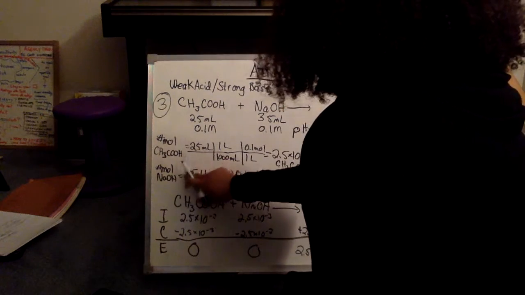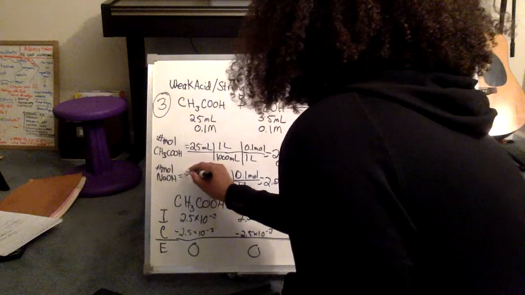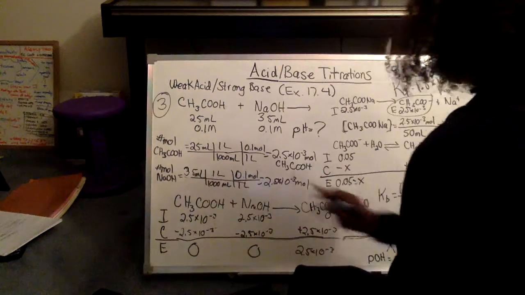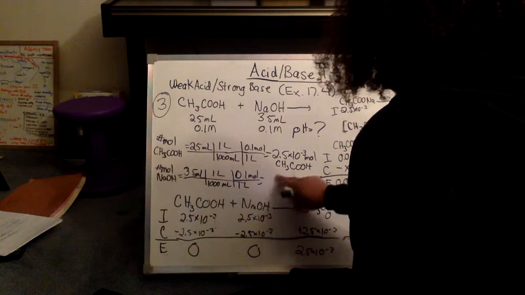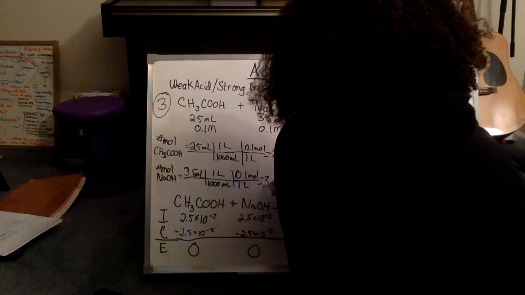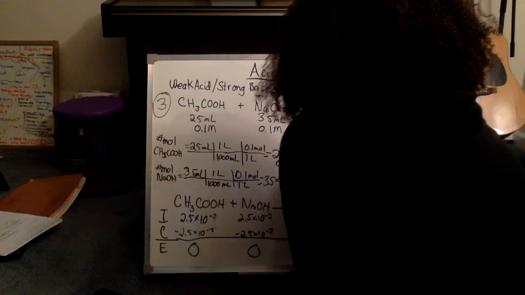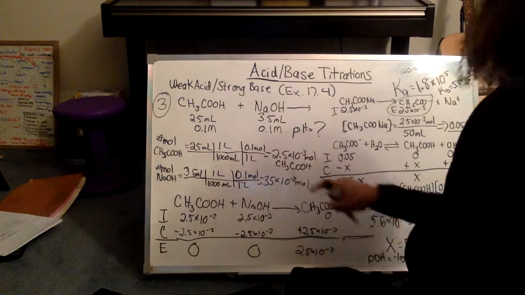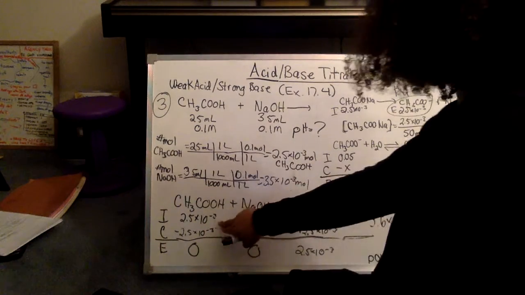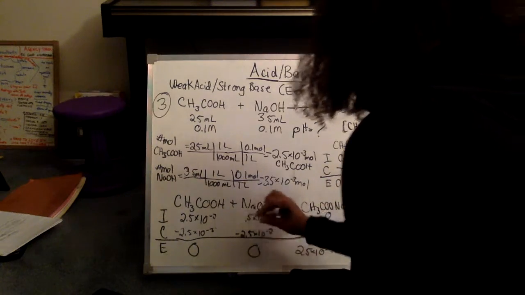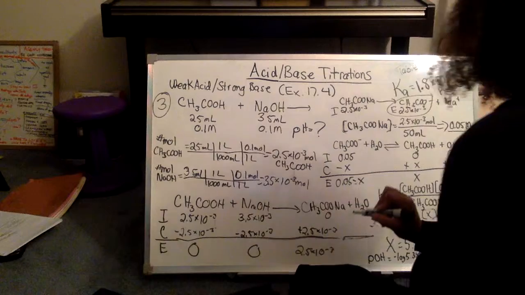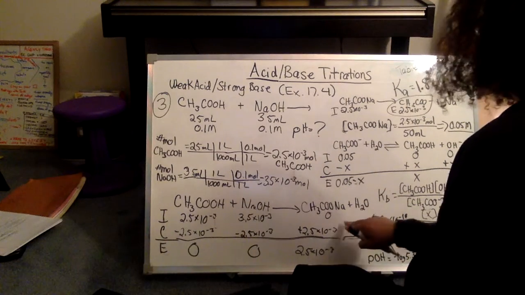This is 35, right? Which then makes this 3.5 here. So then we start with, again, still 2.5 times 10 to the minus 3. For NaOH, we have 3.5, and we have no salt that's present.